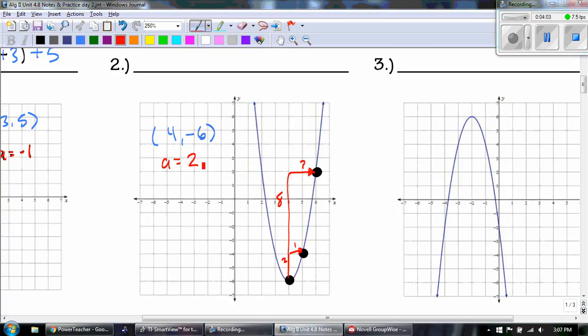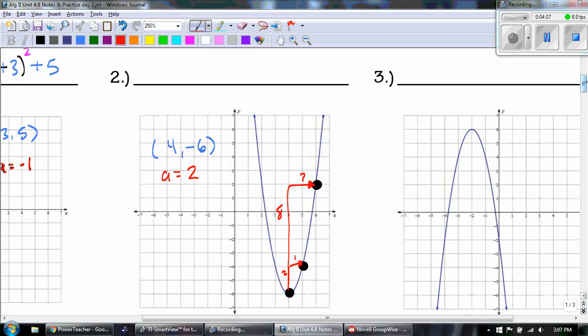That means its a is 2. Good. And guess what? Now we can go. That's all we need. So that was f, so we'll be boring, and we're going to call this one g. So g of x equals a, and then it's always x minus, so I'm taking the opposite of a +4, which is a -4, squared -6.